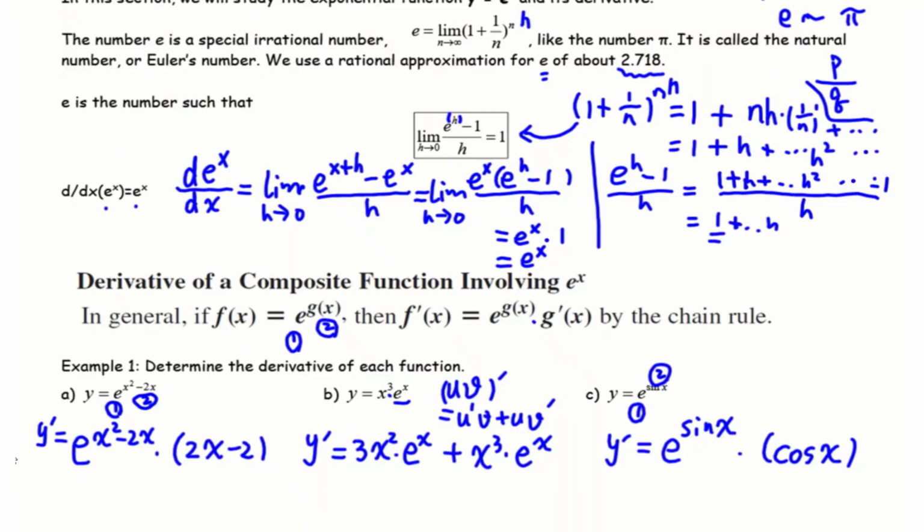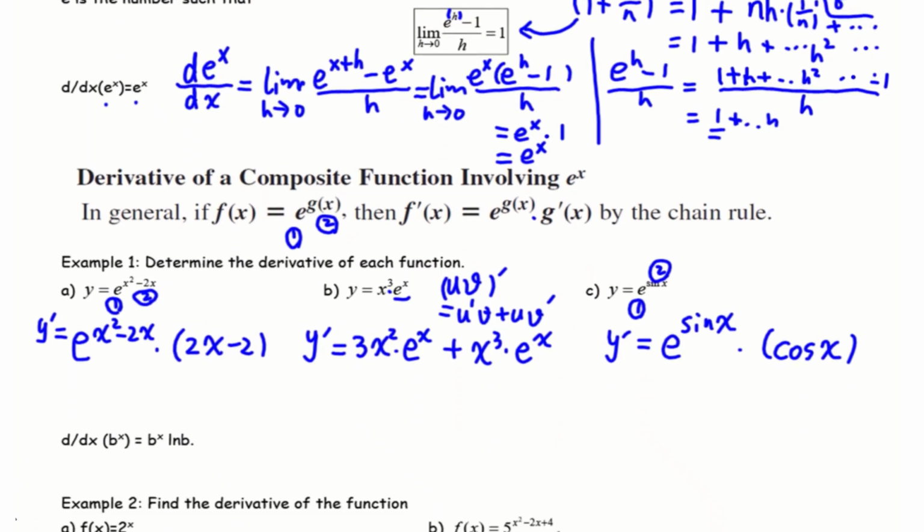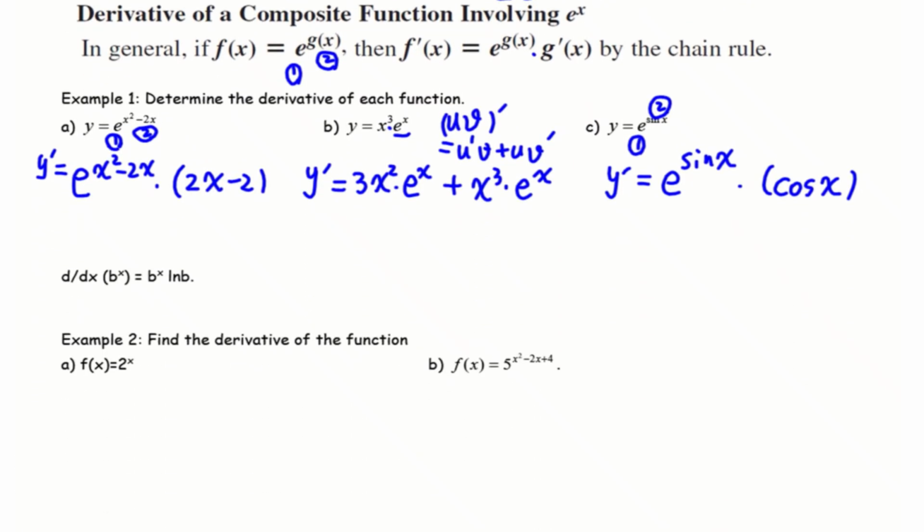And we know that for an exponential function, it's not always that we have the base e. What if the base is not e but is b? So we could rewrite it as base e. So how to rewrite it?